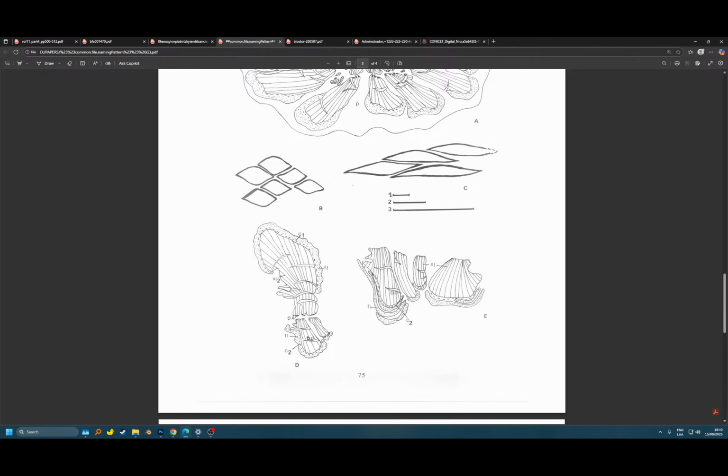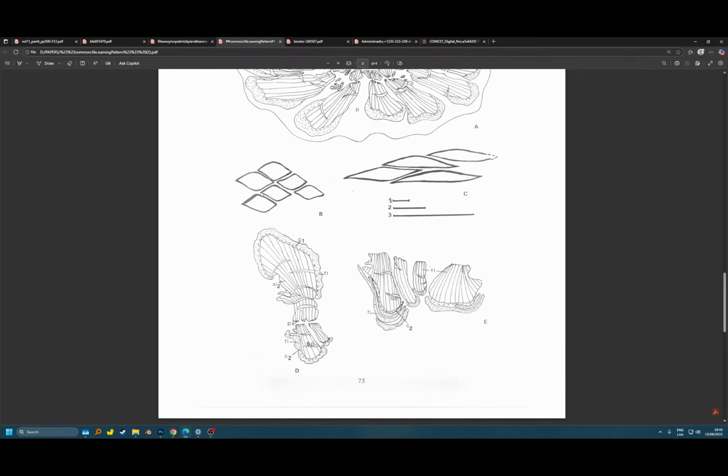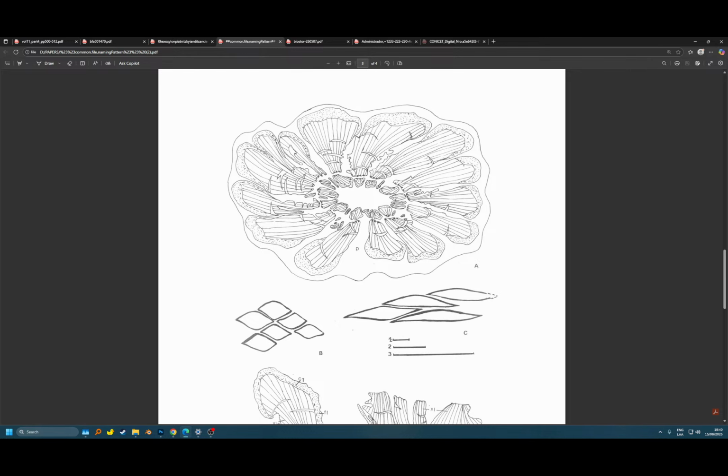The bigger trunks, like the 40 centimeters of diameter trunks, don't show this scaling pattern, as far as I know, but I could be wrong. But this pattern has been recovered from smaller stems, right?